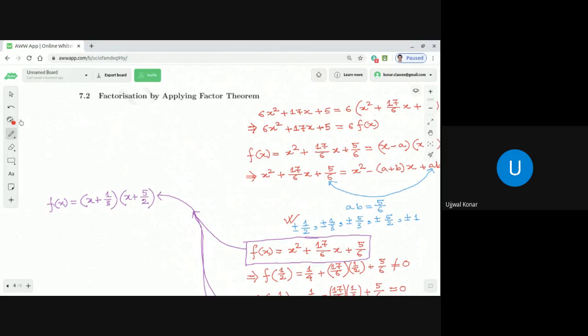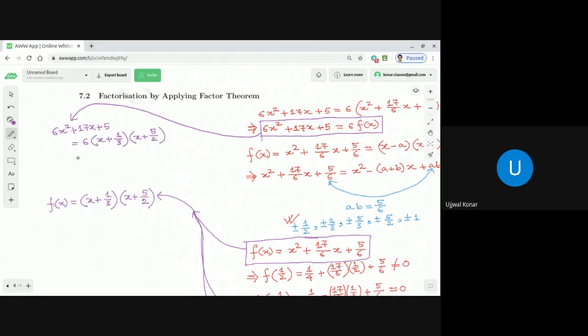So eventually we can write from this statement that 6x² + 17x + 5 is equal to 6 into (x + 1/3) into (x + 5/2).